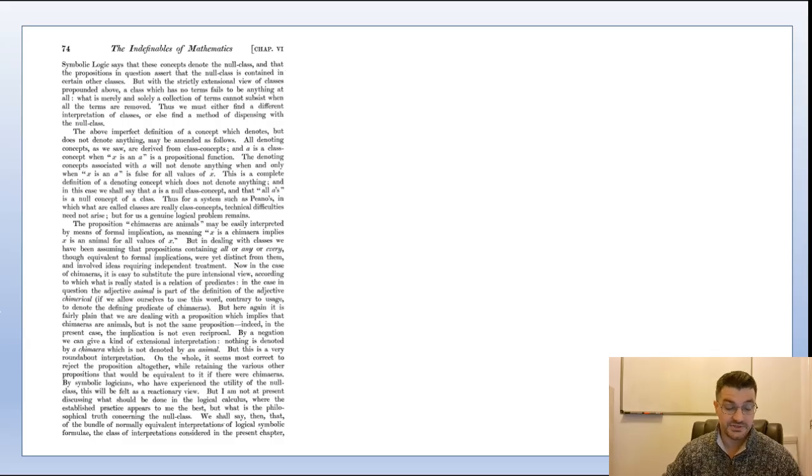And in this case, we shall say that A is a null class concept and that all A's is a null concept of a class. Thus, for a system such as Peano's, in which what are called classes are really class concepts, technical difficulties need not arise. But for us, a genuine logical problem remains, because remember, Peano identifies classes with class concepts.